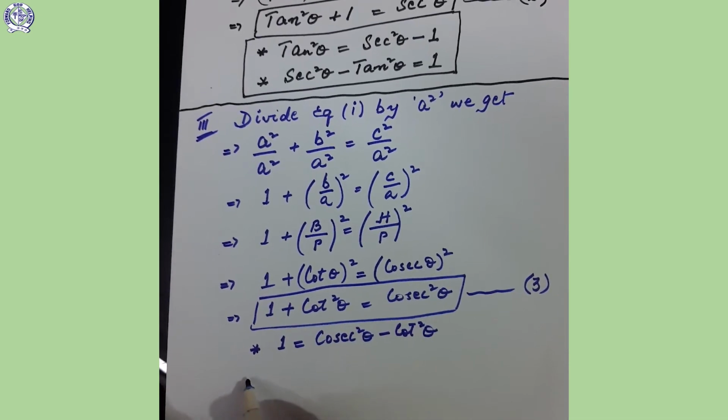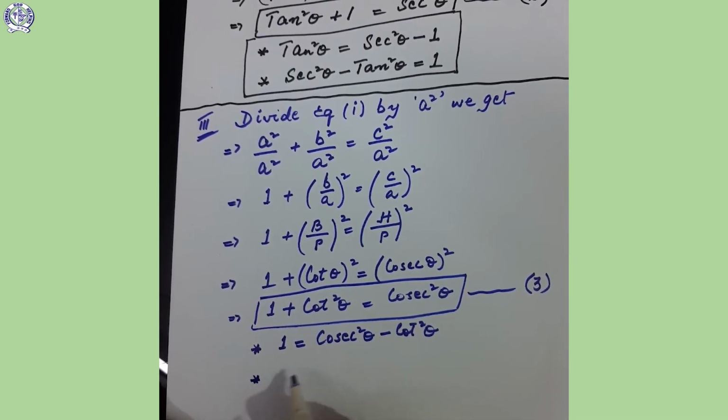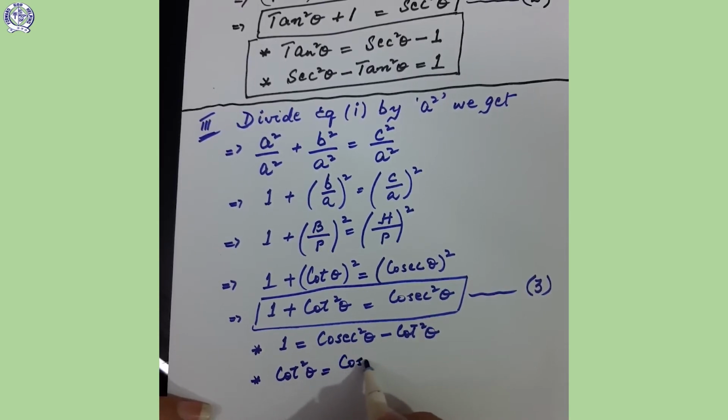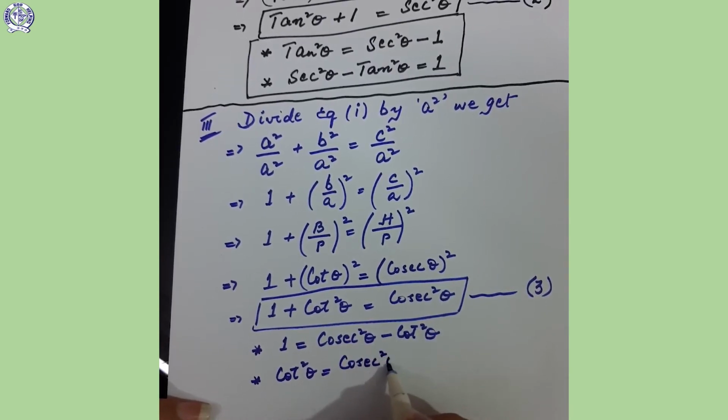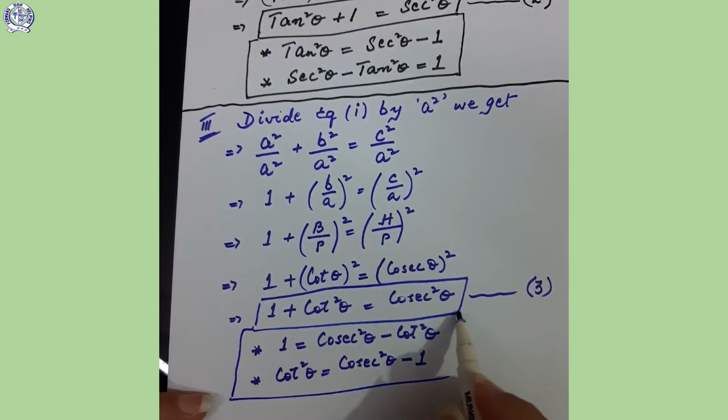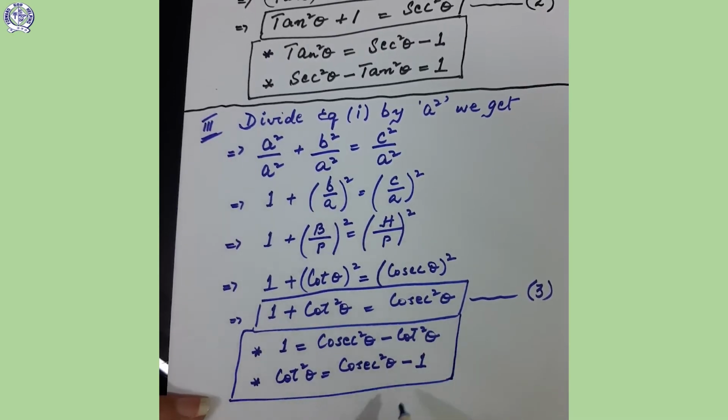Second, now cot square theta will remain here, 1 will go that side. So cot square theta equals cosec square theta minus 1. So these are the two more formulas from third identity.